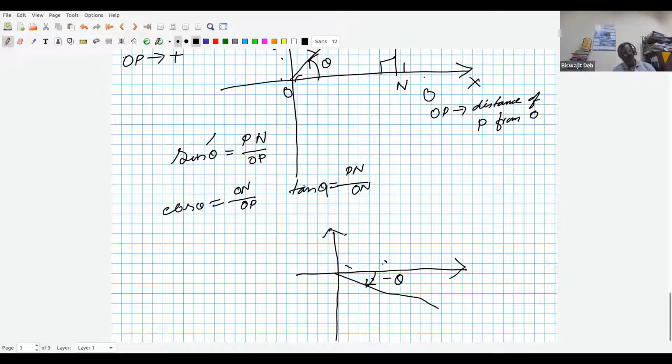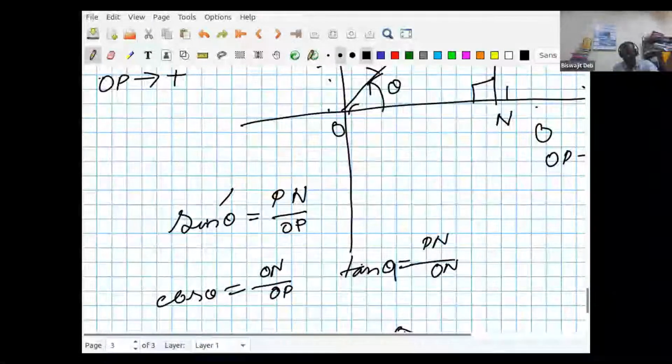Then definitely we will be considering the angle to be not theta, it is minus theta. So under this setup, this point is P, this point is N. What is sine of theta?